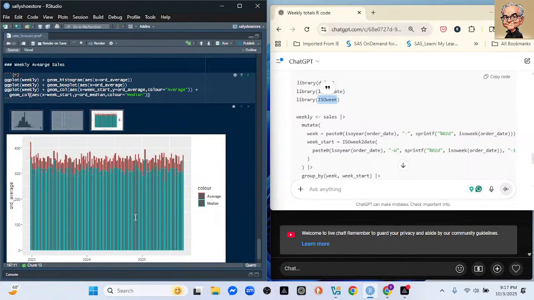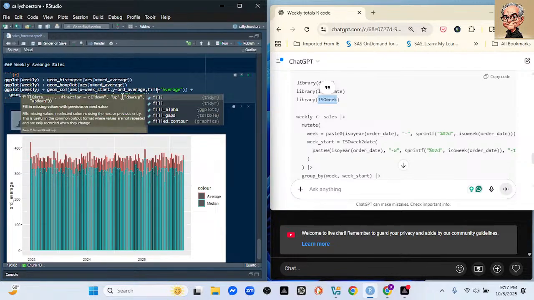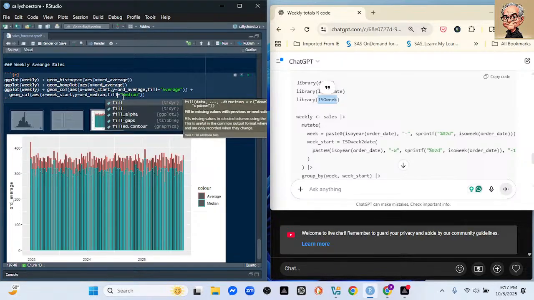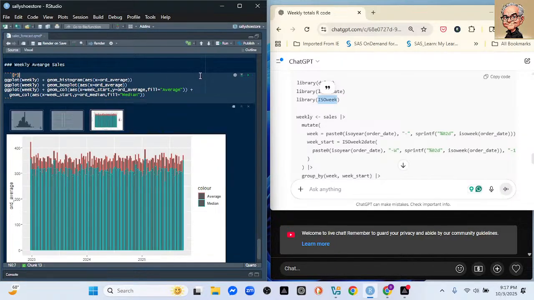So this is kind of interesting. I don't know if it's actually helpful or not, but this is kind of interesting. Colors, the borders of the figure.